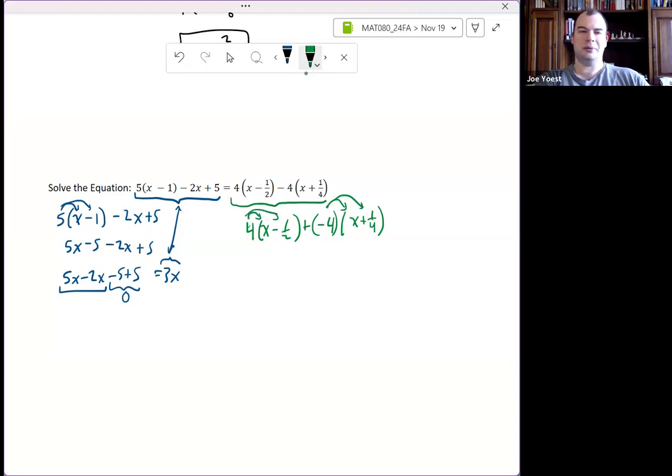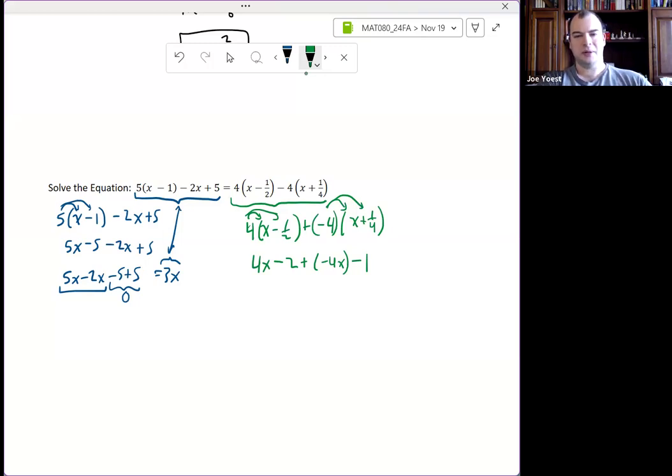And I can apply the distributive property to the first term as well. So I get 4x minus 4 times 1/2. That's minus 2. plus a negative 4x. And then plus negative 4 times 1/4 is plus a negative 1 or minus 1.